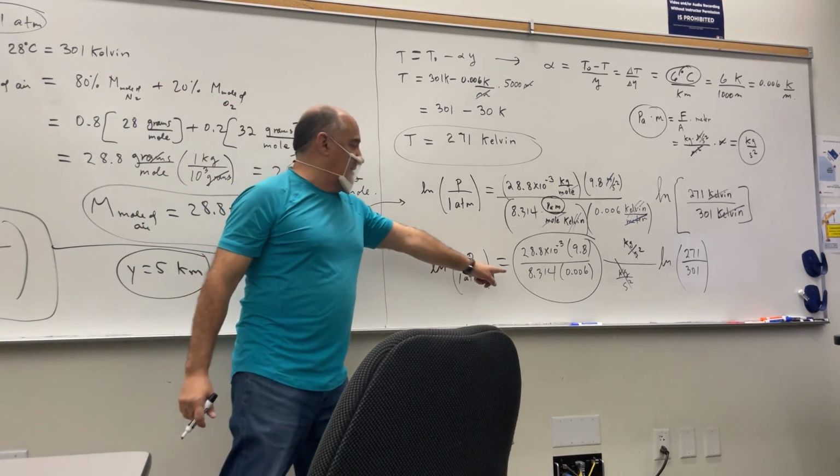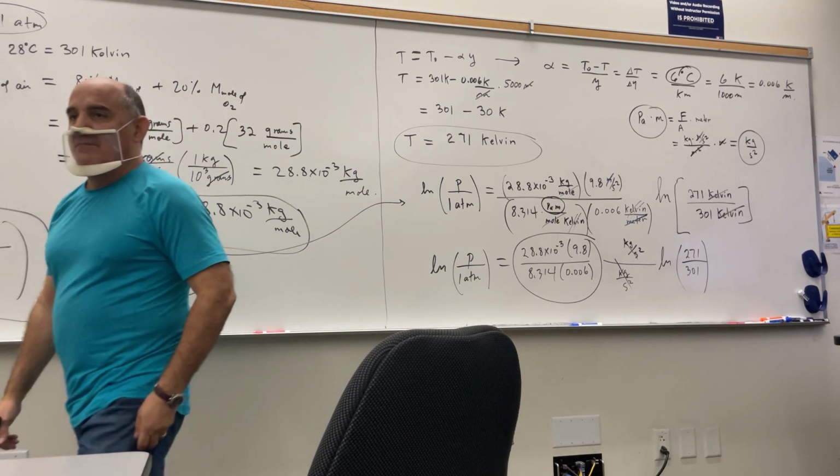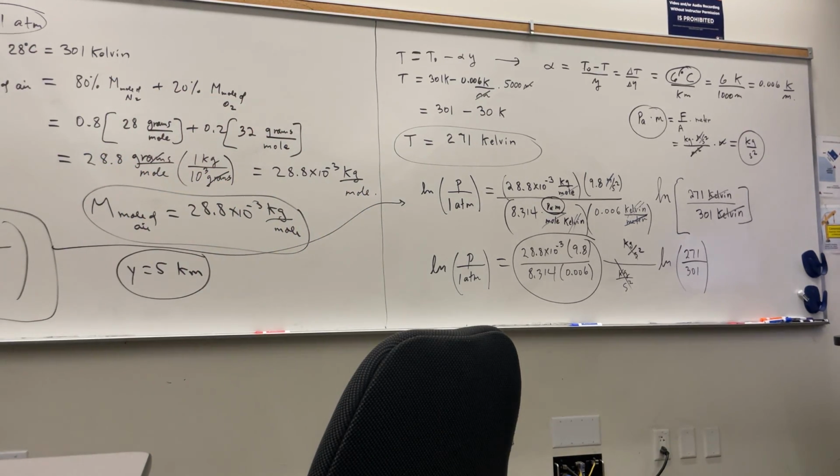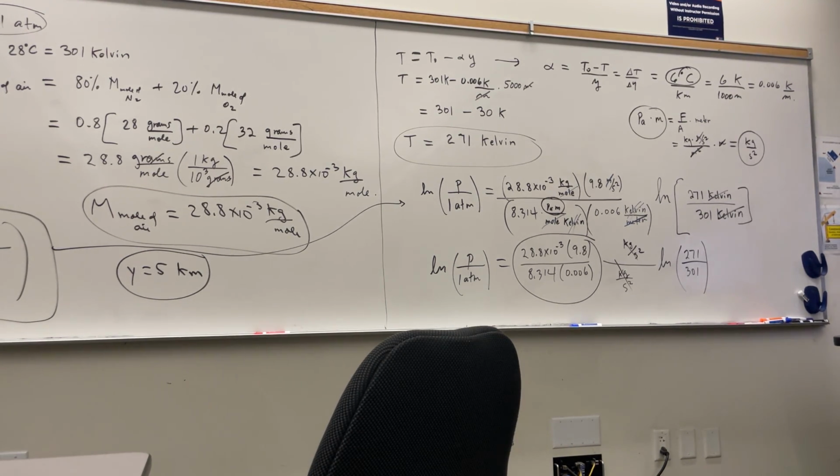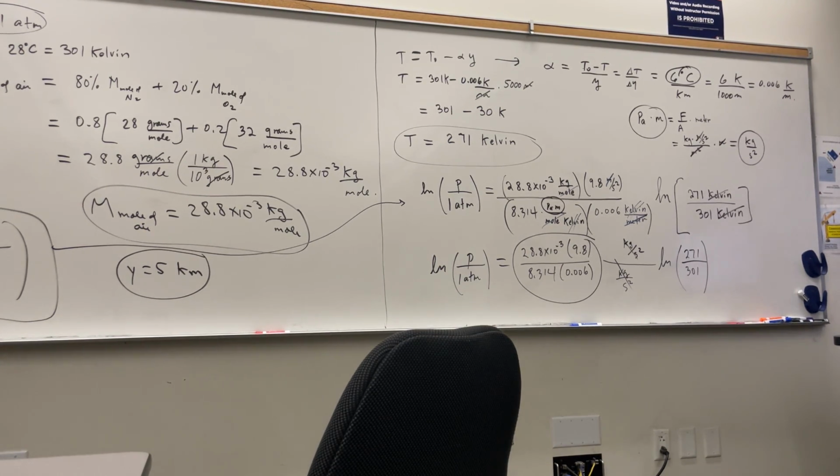This is dimensionless. It's 5.657. Okay. And then we have the natural log of whatever that ratio is, 271 over 301.